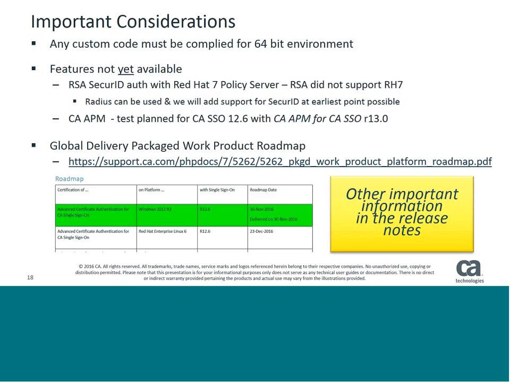So in the short term, perhaps RADIUS might be an option, but if you go to RADIUS, you're going to have to use the base RADIUS capability and then perhaps the Global Delivery XOF RADIUS add-on. And because we know RSA now has that support for Red Hat 7, we will be adding that to the product at the earliest possible point that we can, but we wanted you to be aware of that.